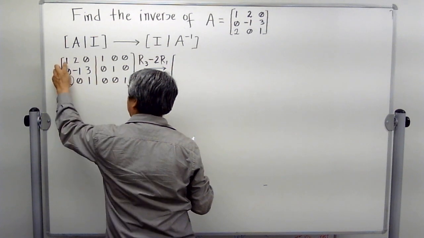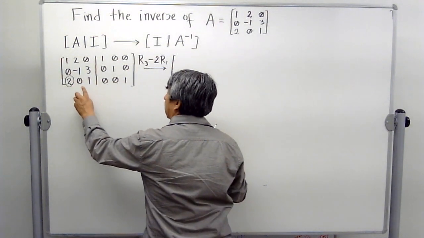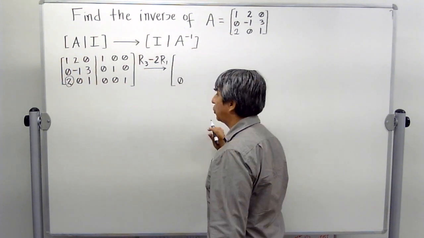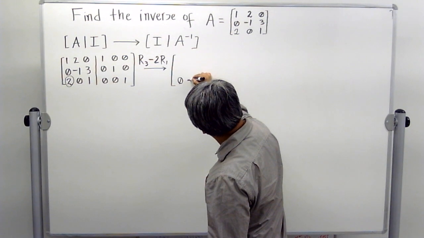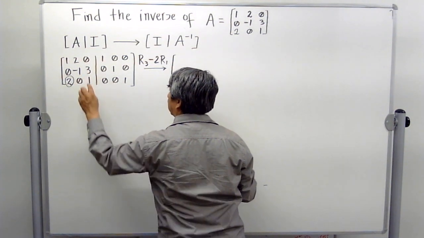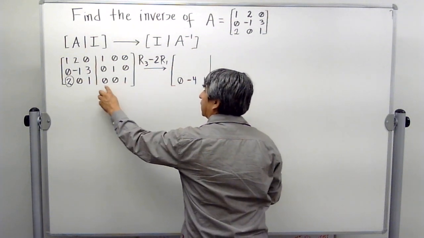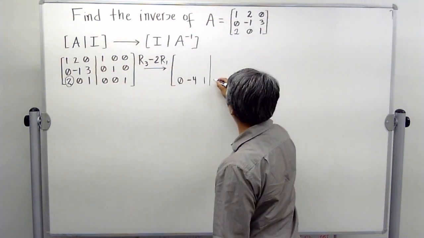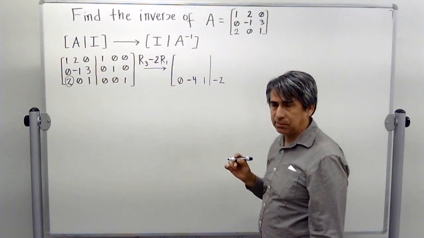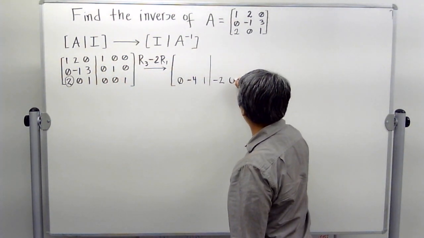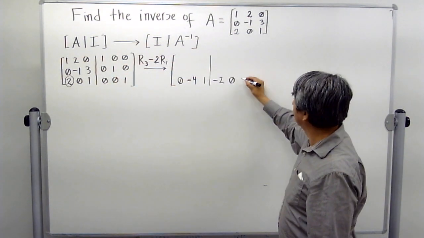So we have 2 minus 2 times 1, which is 0. 0 minus 2 times 2, which is negative 4. 1 minus 2 times 0, which is 1. 0 minus 2 times 1, which is negative 2. 0 minus 2 times 0, which is 0. 1 minus 2 times 0, which is 1.